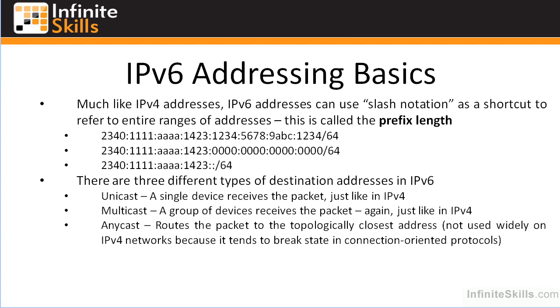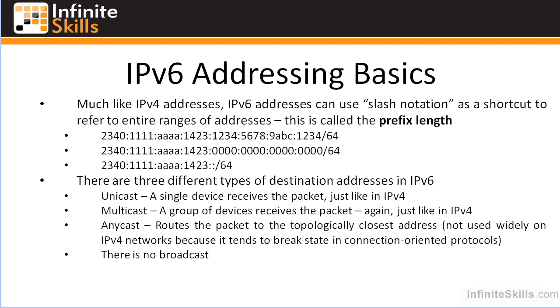Now you might notice that there is a destination type missing, and that's the broadcast for IPv6, and quite simply, there is no broadcast. Pretty much, if you need to send information to multiple machines on an IPv6 network, you use a multicast address. And you might look at that and say, well, I really want a broadcast, but then think about the size of the address space.